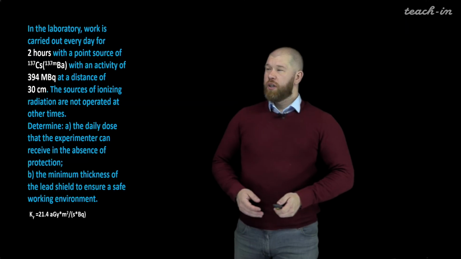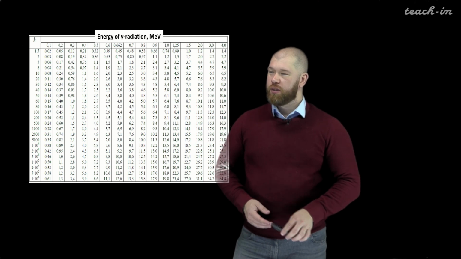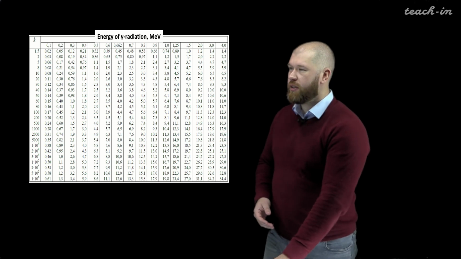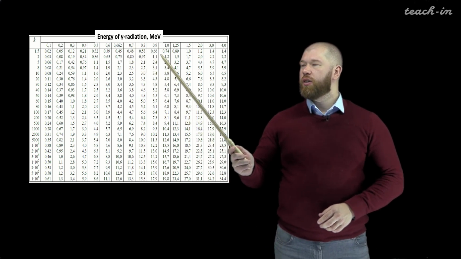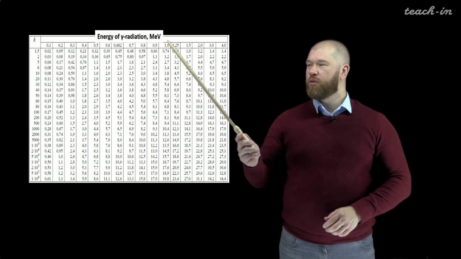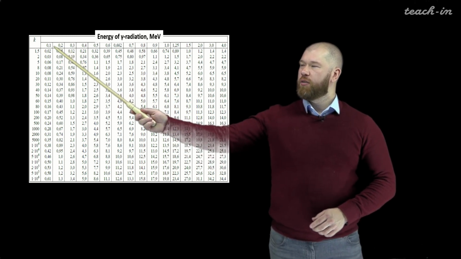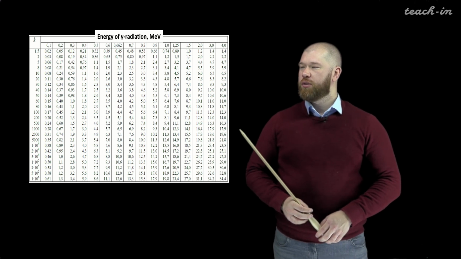To calculate the thickness of the lead shielding, we can use such tables. In this table, you can see the energy of gamma radiation expressed in mega electron volts, and also this factor of attenuation that we have to have.